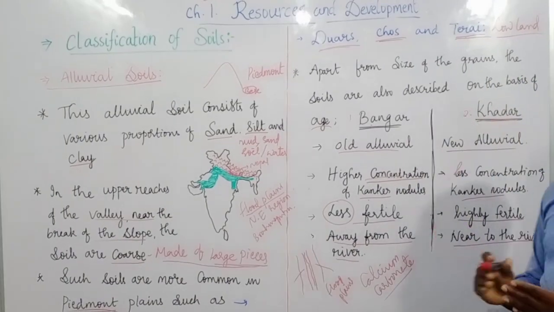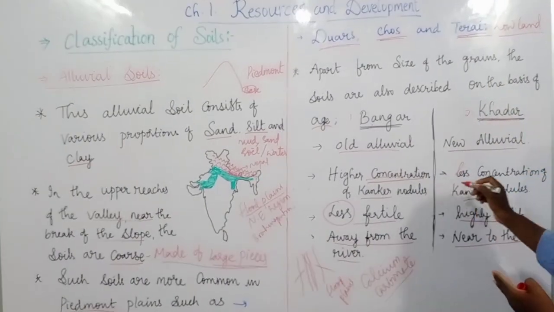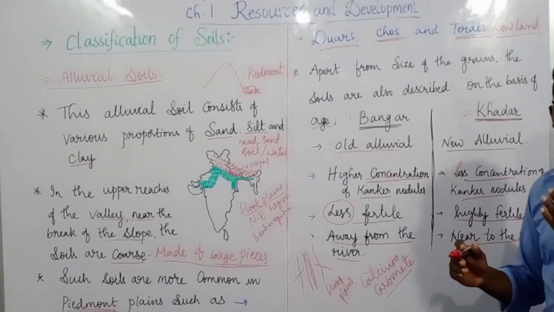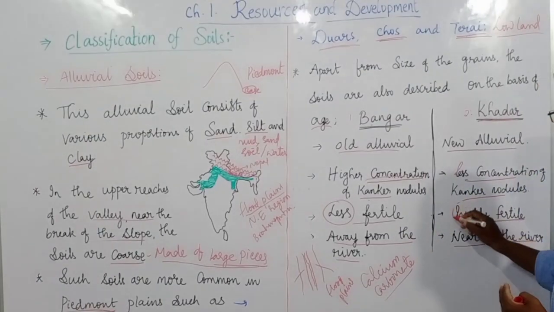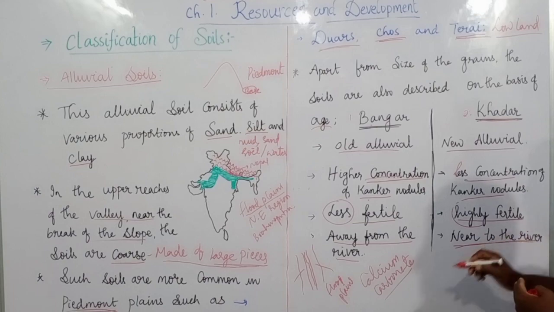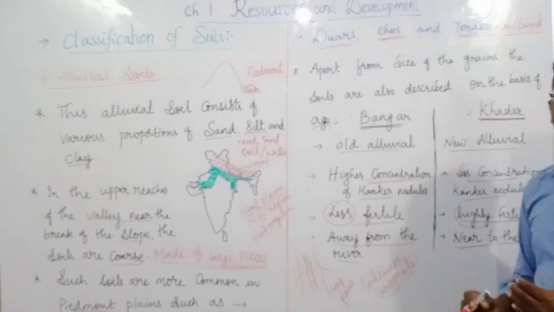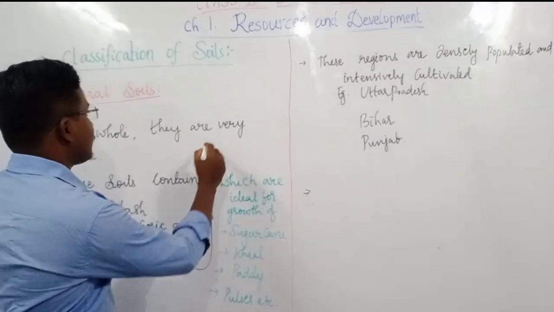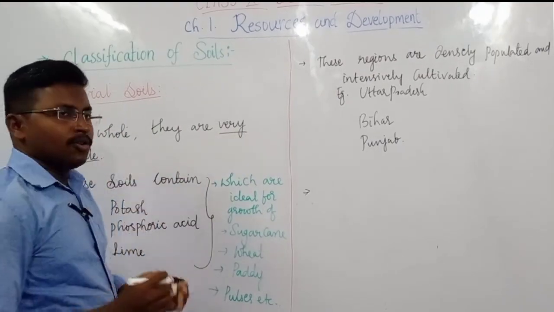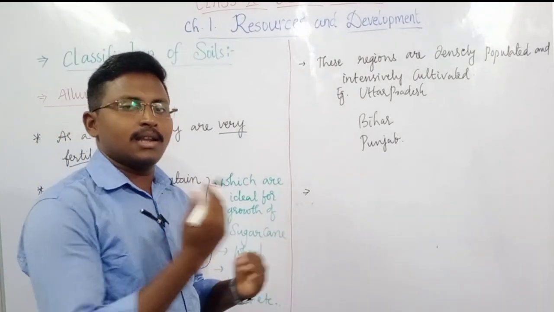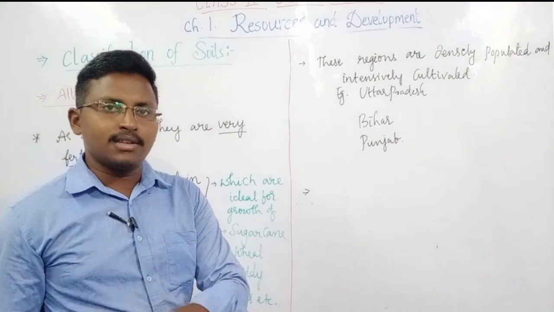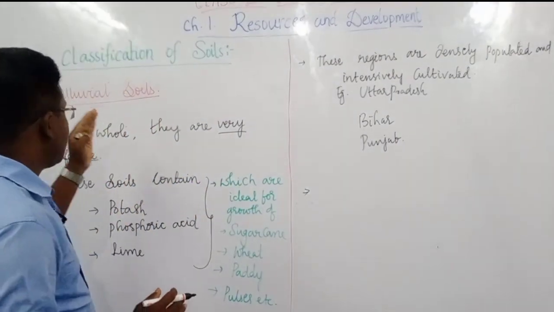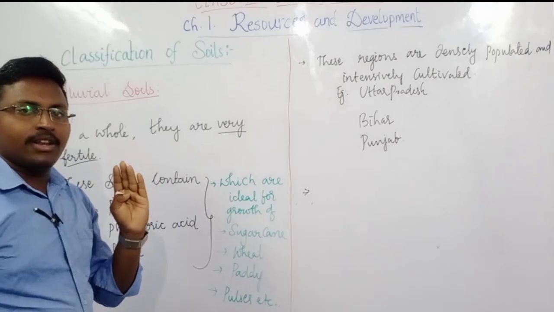Whereas Khadar means new alluvial soil where the concentration of kankar is very low, but it is highly fertile because it is nearer to the river. So as a whole, these alluvial soils are very fertile, no matter whether it is Bangar or Khadar. Compared to all other soils, alluvial soils are very fertile.